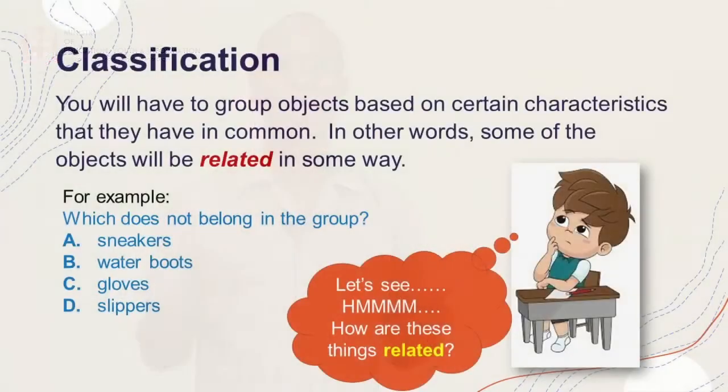For example, this question asks, which does not belong in the group? Is it A, sneakers, B, water boots, C, gloves, or D, slippers? Now, let's think. How are these things all related?